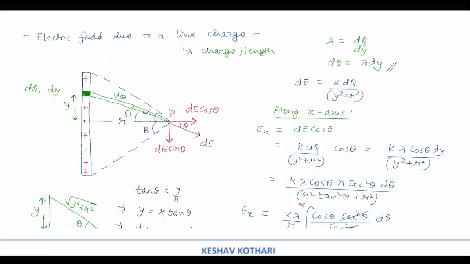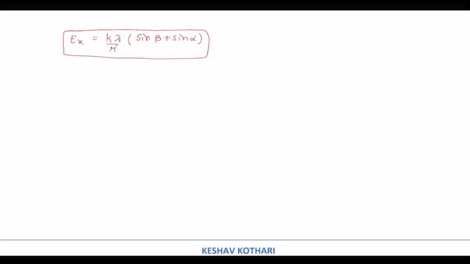If we would have solved this integral, we would have obtained k lambda upon r. Integration of cos theta will be sine theta. So we would have obtained sine alpha minus of minus sine beta, that is it will become plus sine beta. So that is the reason why we have k lambda upon r (sine beta plus sine alpha).